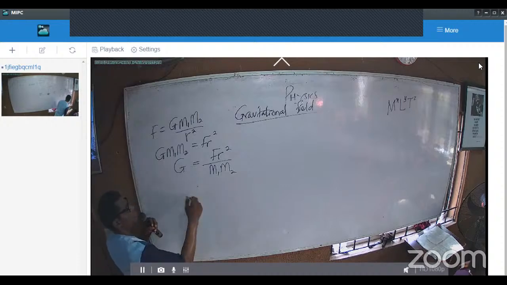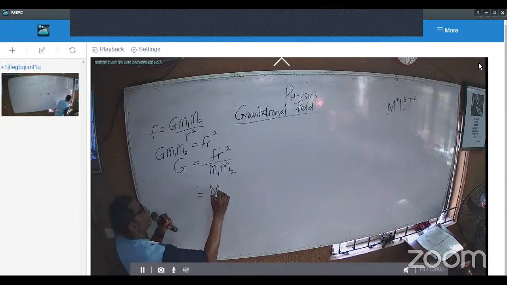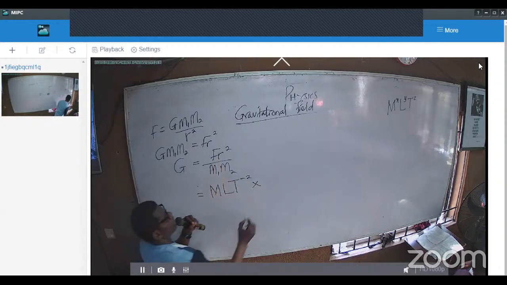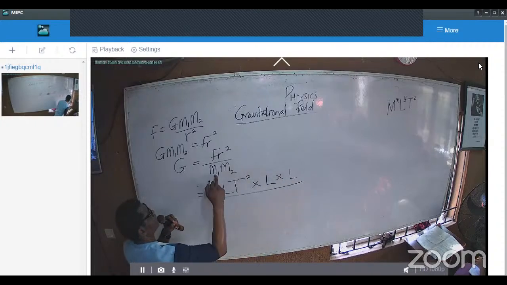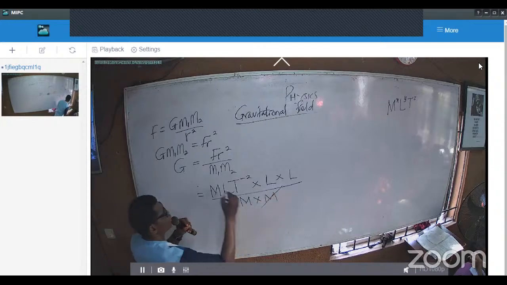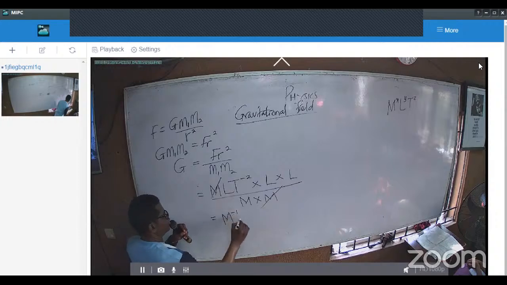Yesterday, what is the dimension for force? What's the dimension for radius? L. Under radius, L, all over what? What's the dimension for mass? Under mass, M can cancel. When this M goes up, what will it be? M raised to power minus 1.